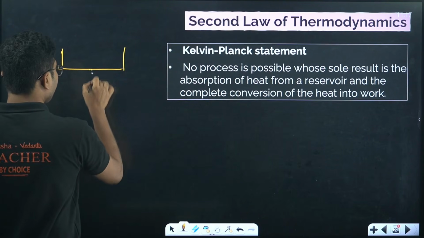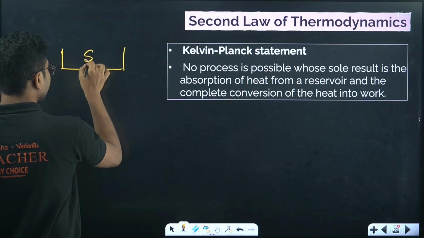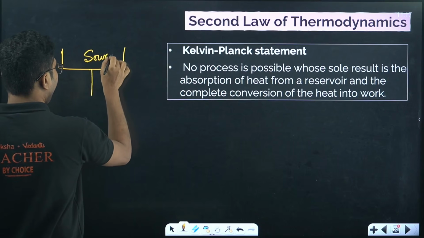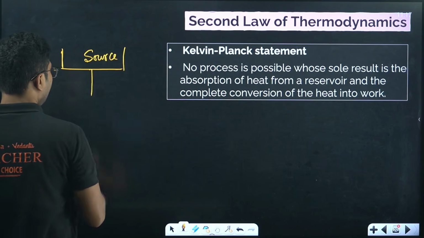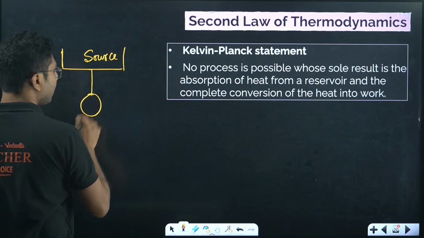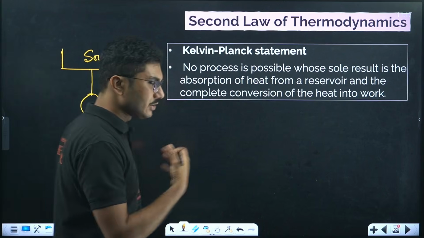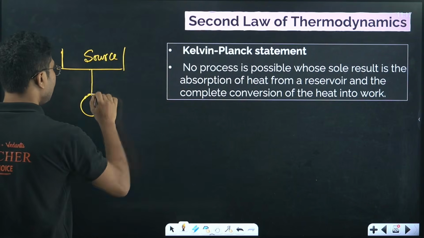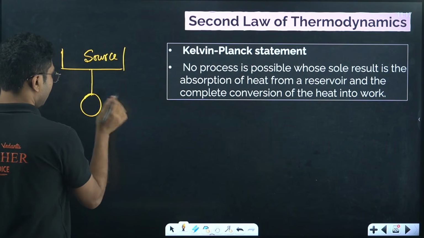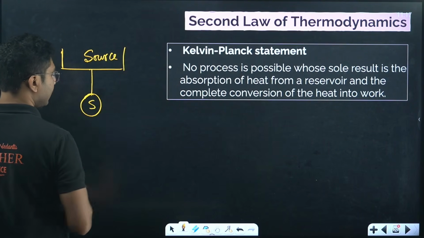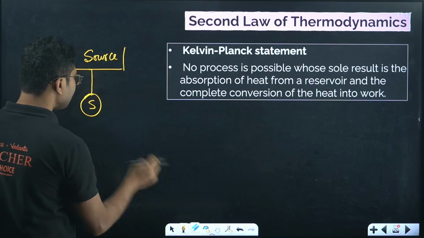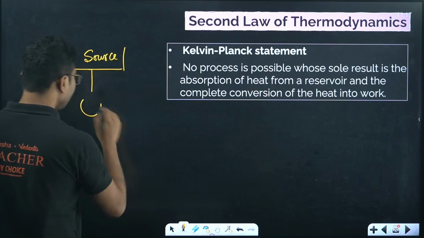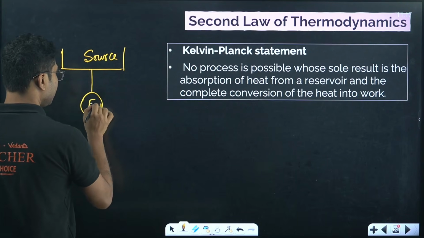So suppose you have a source, and this is your device which works on this heat. For example, you are baking a pizza, so that can be considered your system. Generally we say this is an engine. It can be anything. This is your system.